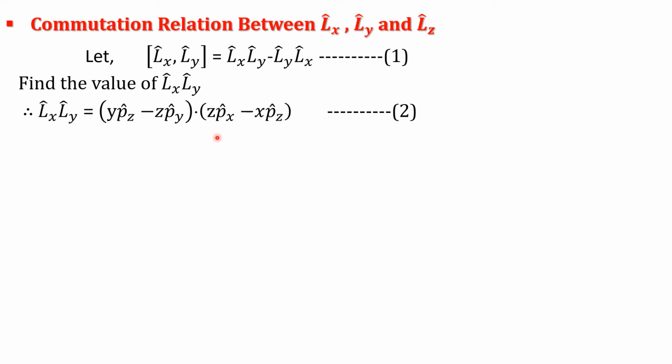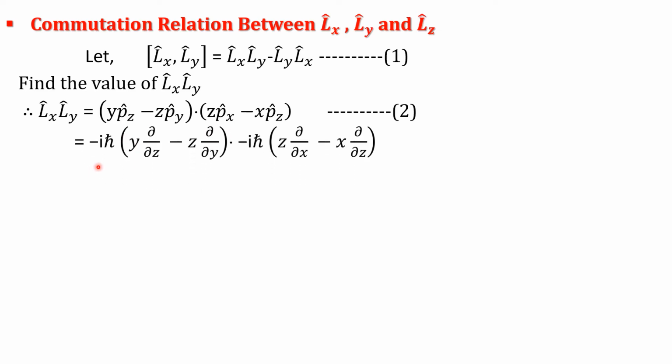Here also we take minus i h cross outside and write the remaining terms in brackets. That equation is minus i h cross (y del/del z minus z del/del y) into minus i h cross (z del/del x minus x del/del z).